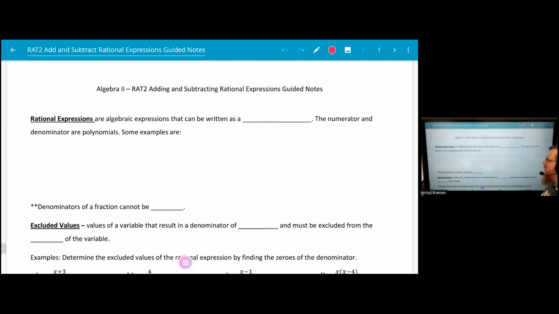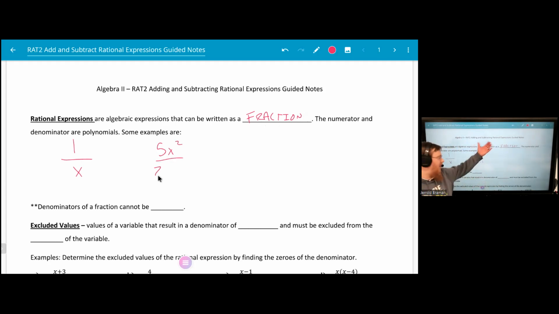Rational expressions are algebraic expressions that can be written as a fraction. The numerator and denominator are polynomials. Here's some fun examples. Here's my favorite, 1 divided by x. You'll see something like that as we keep going along. Another example, how about 5x squared divided by 2x minus 1.